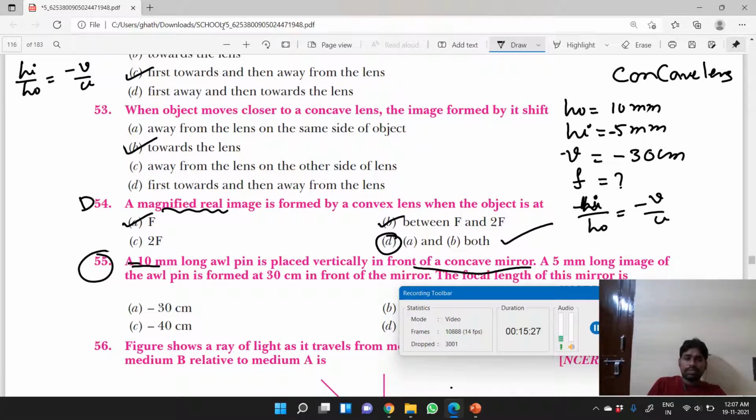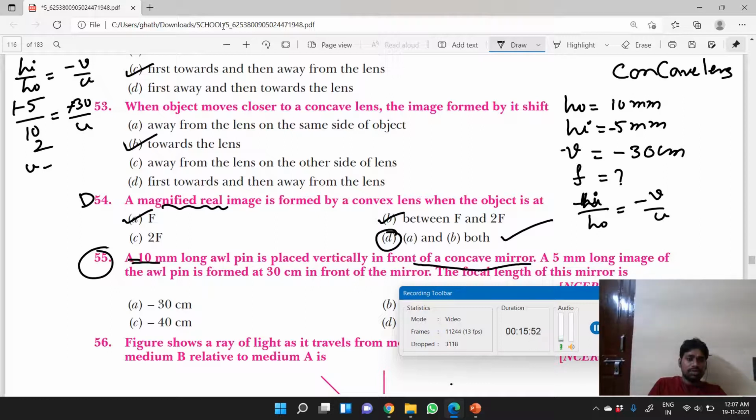Here hi is minus 5, ho is 10, which equals minus 30 by u. Minus minus gets cancelled. 5 ones are 5, 5 twos are 10. Hence you can say that u is equal to minus 60 centimeters. Object distance is minus 60.